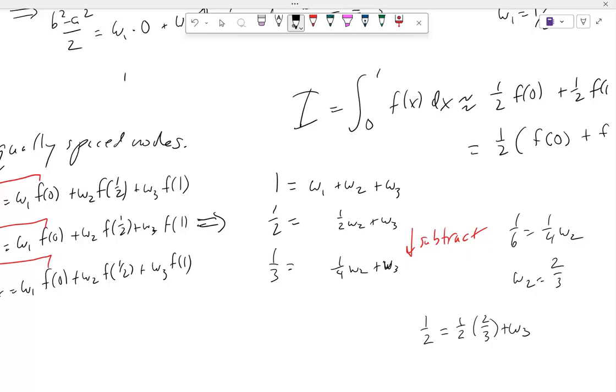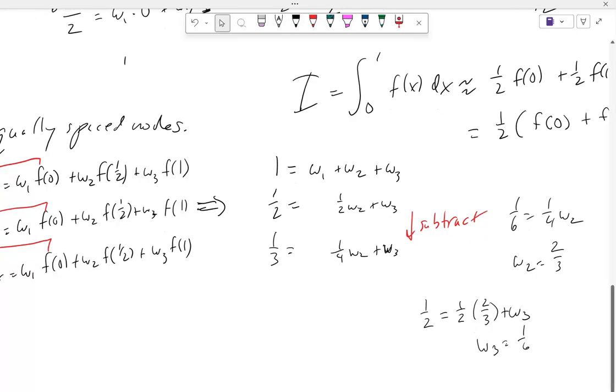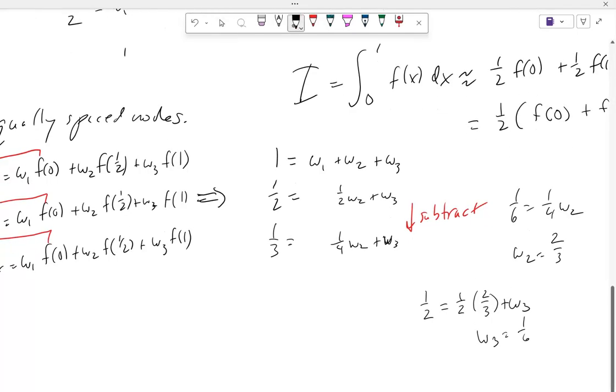What do you get? The 6th? Good. And then finally, if we use the first equation, 1 equals W1 plus 2/3 plus 1/6. What do you get for W1? A 6. Good.